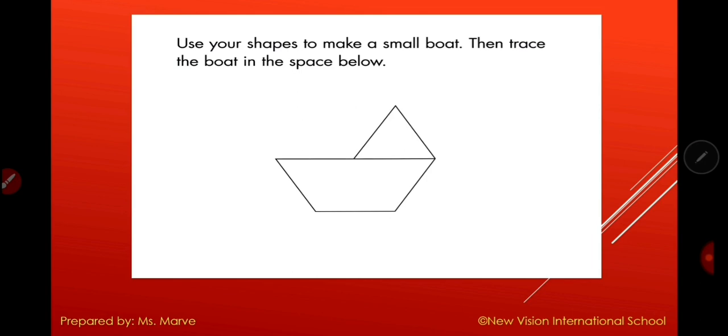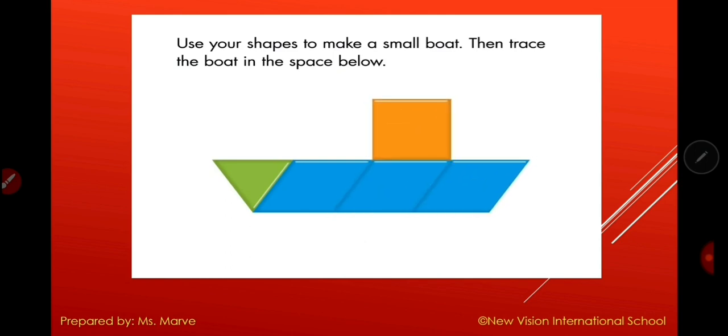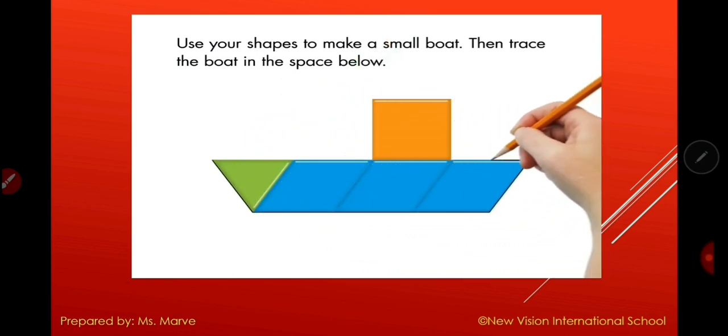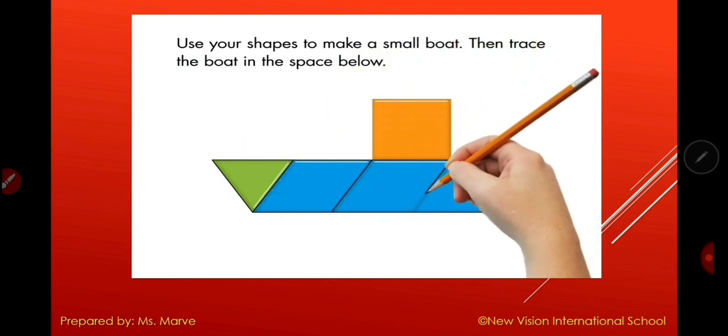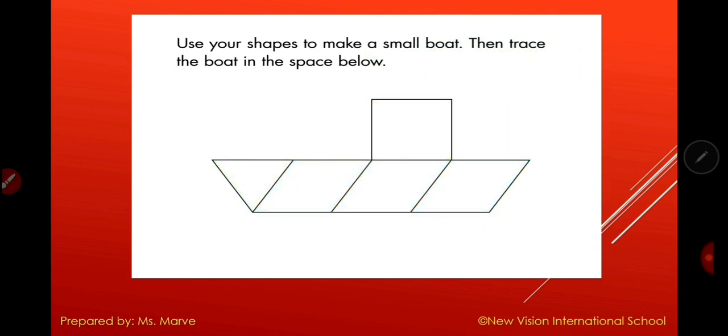Ask these students what shapes they would expect to see on a boat. Then remind them that not all boats look the same, so there are many ways to make a boat with pattern blocks. Listen and look for other students who combine pattern blocks in a different way to make a boat. And then trace the shapes to show the picture. Listen for some of these students to explain how they decided what shapes to use.